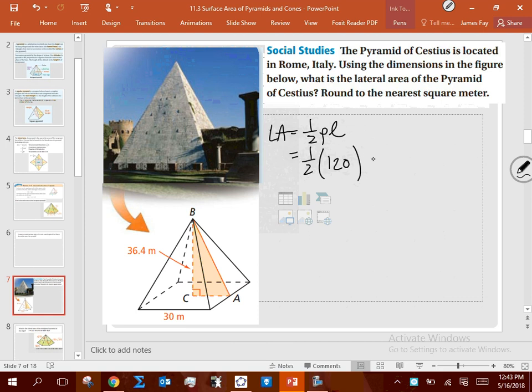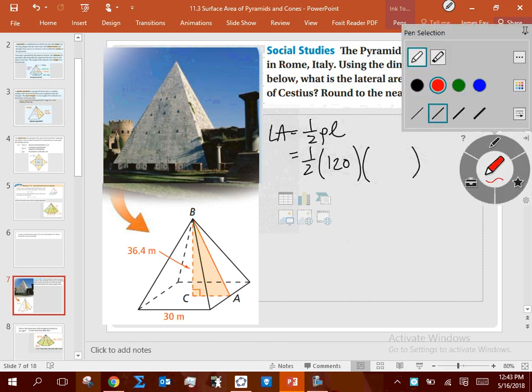What is the process for finding L? L is that distance there, right? Would you guys agree that if I took that yellow triangle out, L is what we're looking for? Good.